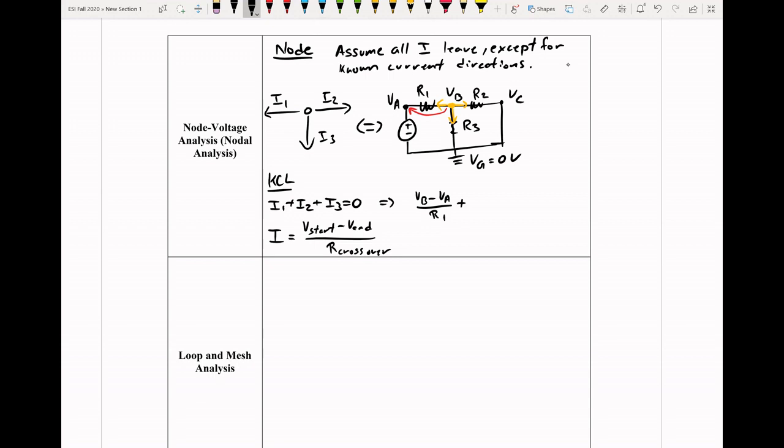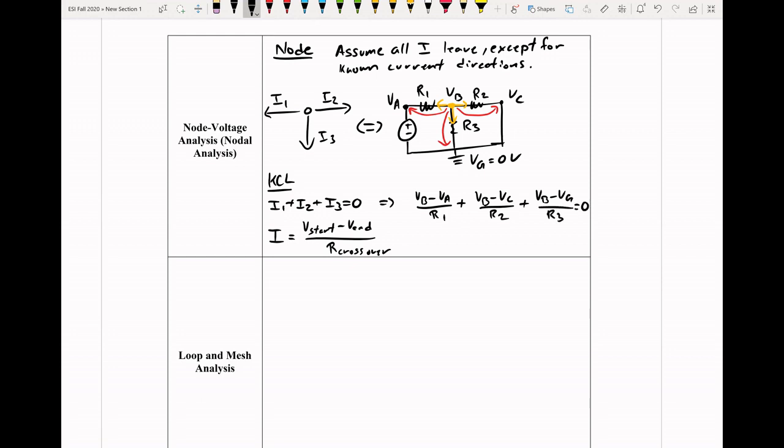And then I can come over here and look at R2 or I2 and say V of B minus V of C over R2, because we're going from B to C. Start minus finish. And then we can say we're going from B to V of G. So V of B minus V of G over R3 is equal to 0.